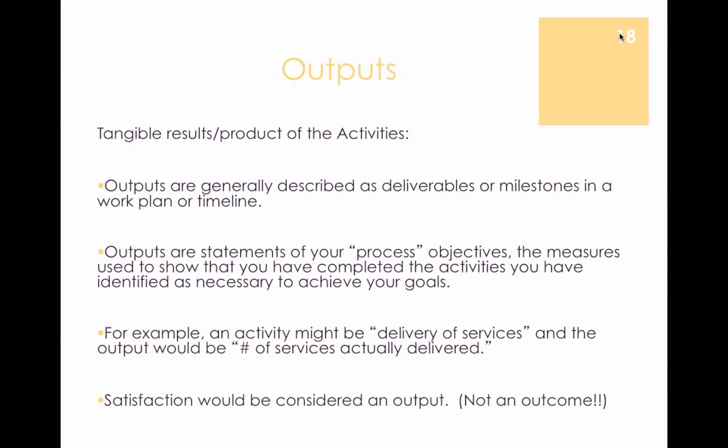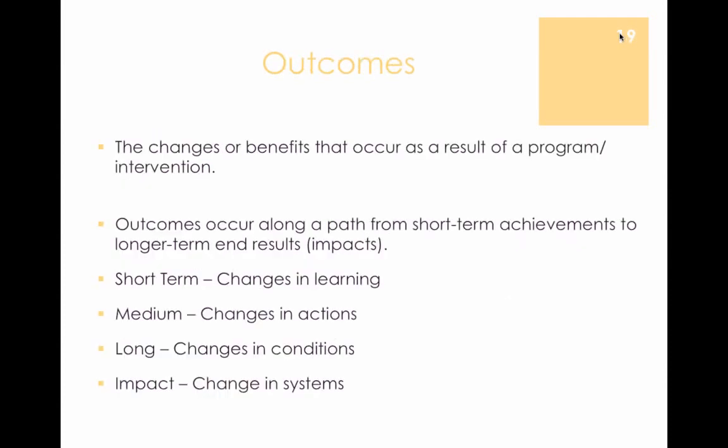What are the activities that your program will be conducting? Whether it's trainings or sessions or services that you're going to deliver or product or resources that you're going to produce, you want to list out what these are, and these will go under the activity section within your logic model. Now, again, to make outputs make more sense, this is the tangible result of your activities.